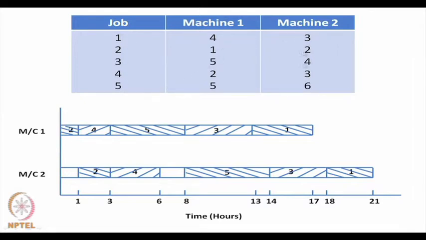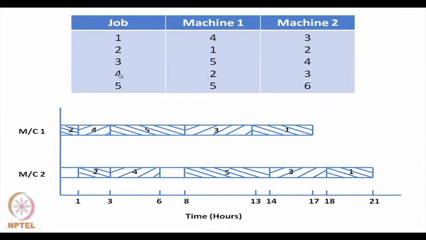Now, what is the minimum here? We have 4, 5, 2, 5 and 3, 4, 3, 6. 2 is the minimum.